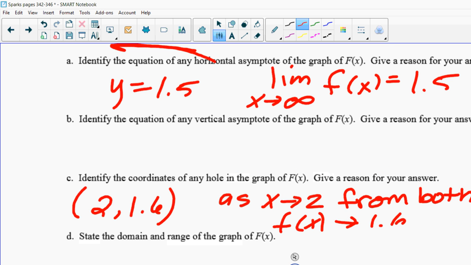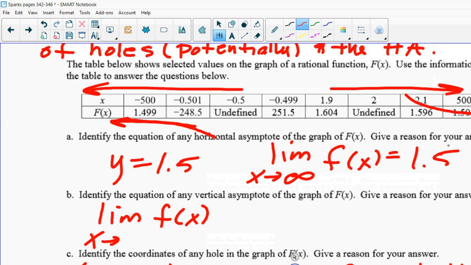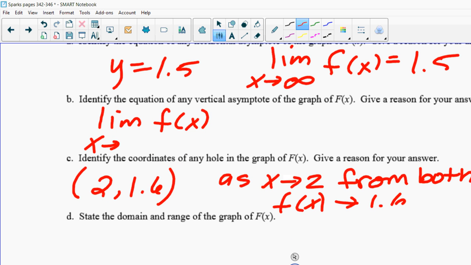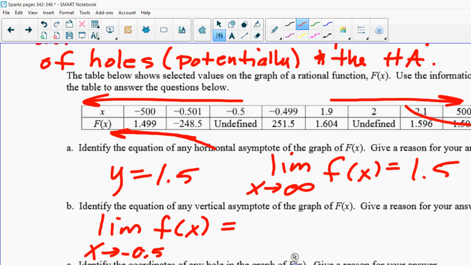So this one, the limit of f of x as x approaches -1/2. Now, do you see that did different things from the left and from the right? Went to negative infinity from the left and went to positive infinity from the right.